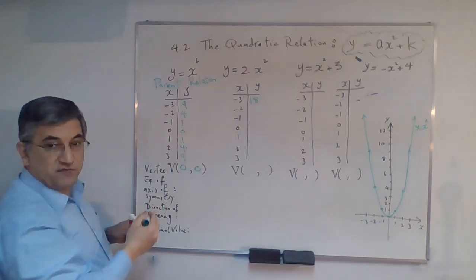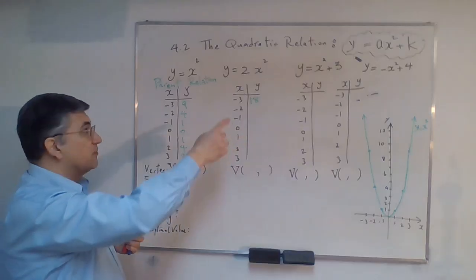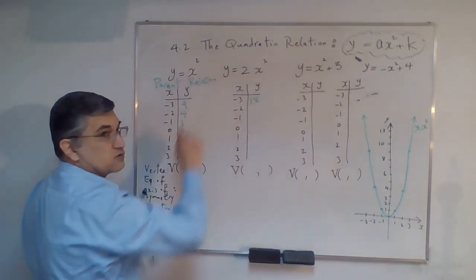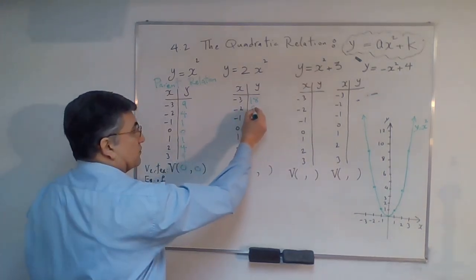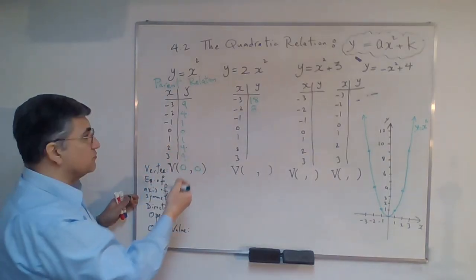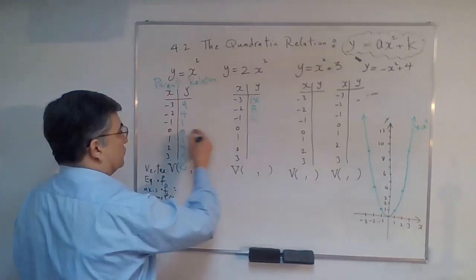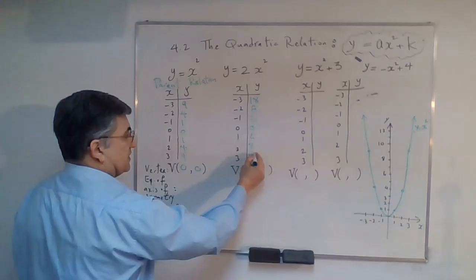Because 2 times -2 all squared is 2 times 4, which is 8. Similarly, every y coordinate I had before, I have to multiply by 2. So 1 times 2 is 2, 2 times 0 is 0, 2 times 1 is 2, 8, and 18, as you see.